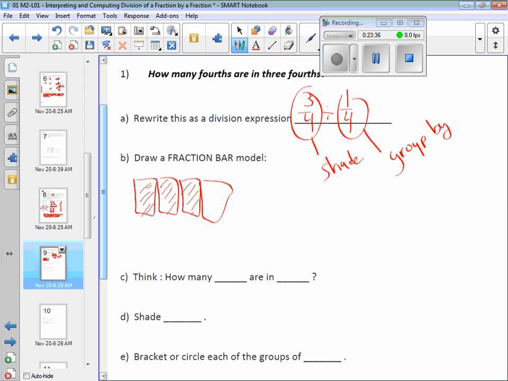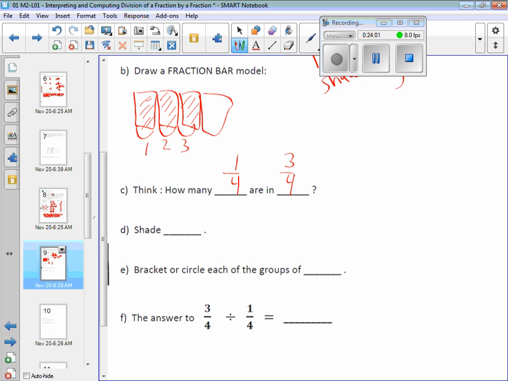In ones. How many 1/4 are in 3/4? Shade 3. Bracket or circle each of the groups of 1. And the answer is 3. See you third.